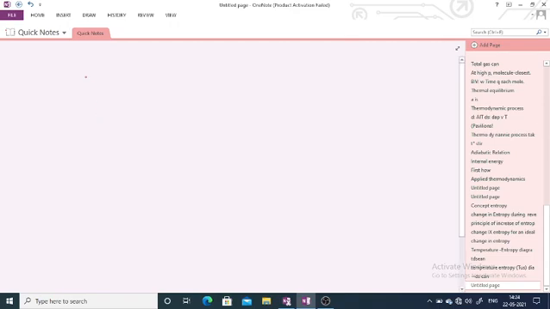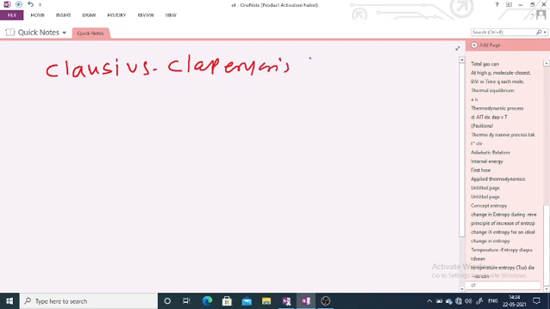So we will consider the heading, Clausius-Clapeyron latent heat equation.